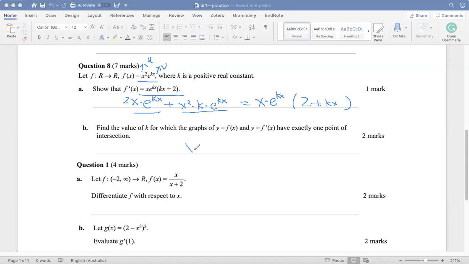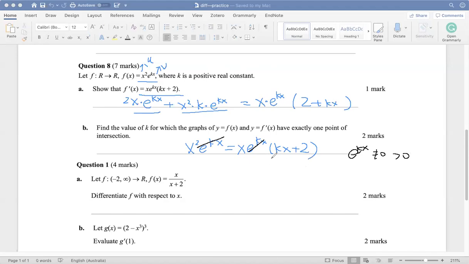In such case, x squared e to the power of kx should be equal to x e to the power of kx plus 2, right? So first we can get rid of e to the kx, because e to the kx can never be 0, or essentially it's always greater than 0. So we can get rid of it because we don't divide by 0 on both sides.